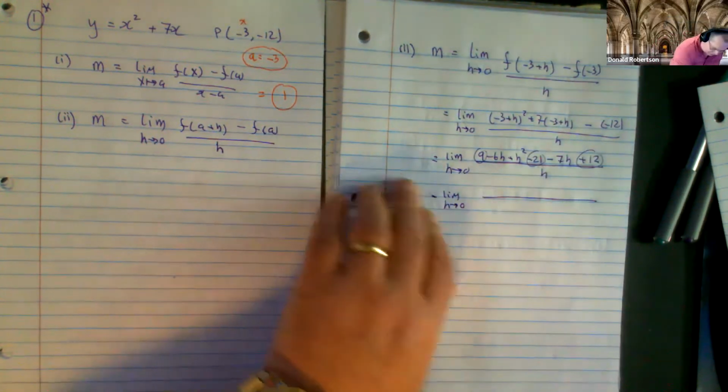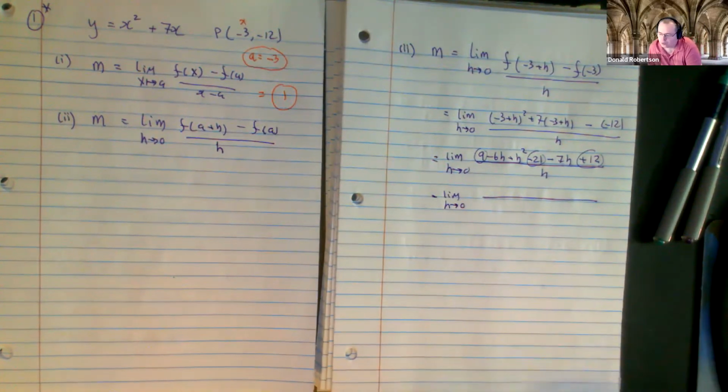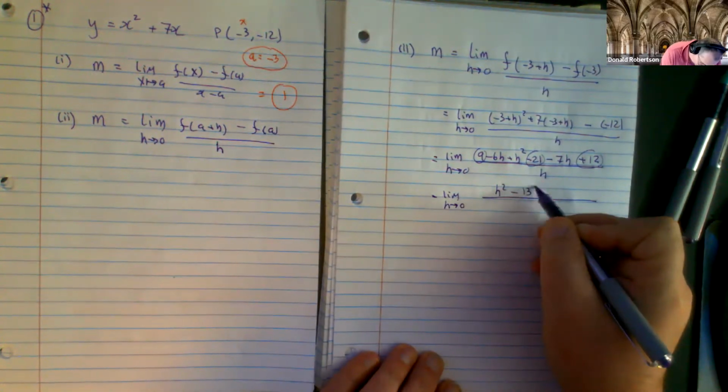So if you're using this method, the numbers on the top will always cancel out. They will always become 0. If by any chance you get a +3 left over, you have done it wrong, and you should go and figure out where it went wrong, because the numbers always cancel. Now, if you look at what's left, we have an h squared minus 13h over h.